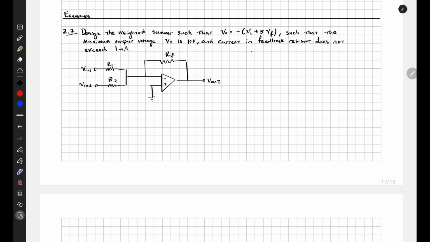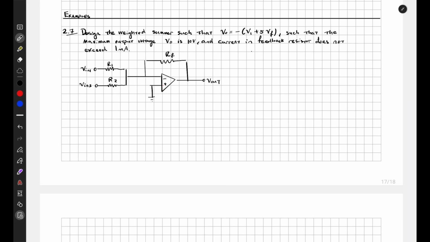So these are the three criteria that we have to design this op-amp in this weighted summer for. Generally speaking, the process is we select the resistor values for R1, R2, and RF to achieve these three parameters.